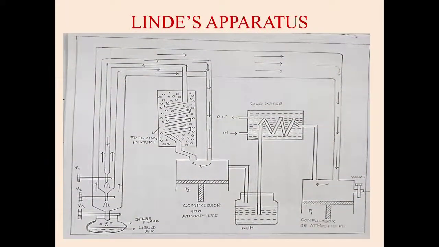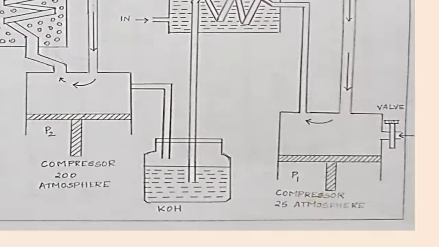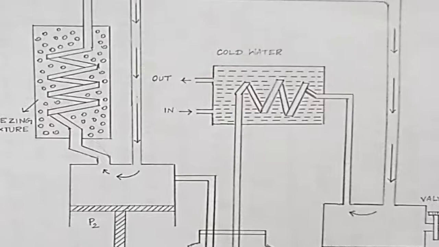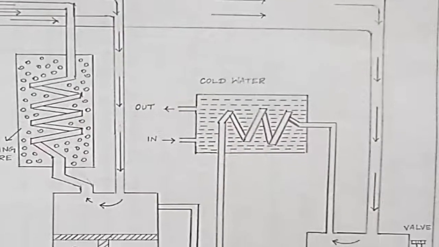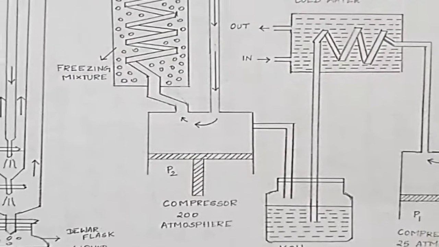This is the apparatus employed by Linde for liquefying air. In this diagram we can see two compressors, P1 and P2. You have cold water running here, and this beaker has KOH solution.